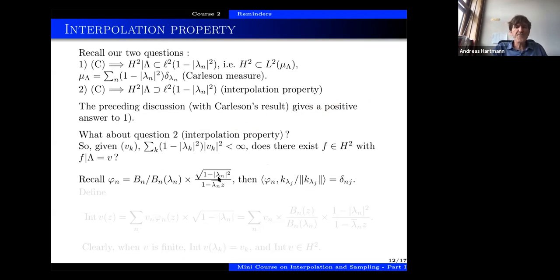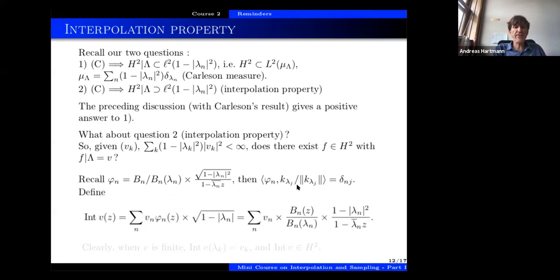So we have already met this function phi n, which is the B-orthogonal sequence to the normalized reproducing kernels, and we have seen that it solves the weak interpolation problem. So we have this condition. And now we define an interpolation operator, at least for finite sequences, when V_n is finite, which means it's zero except on finitely many points.